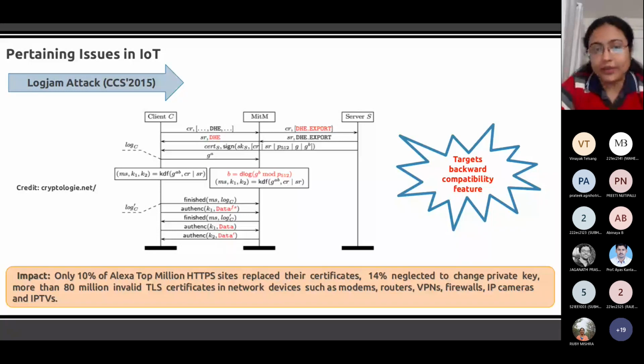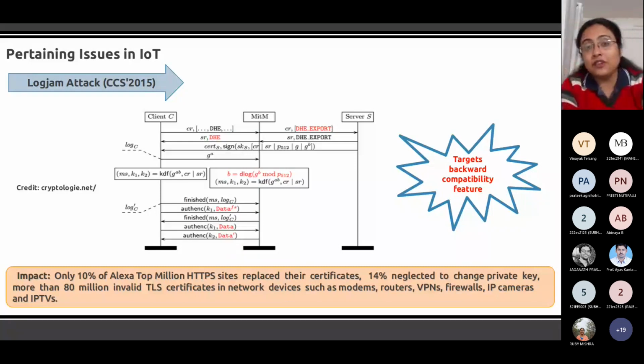As a result, a MITM attack can be done between the client and the server. The MITM attacker will convince the client that the server is a legacy system, so it can't do RSA 1024.